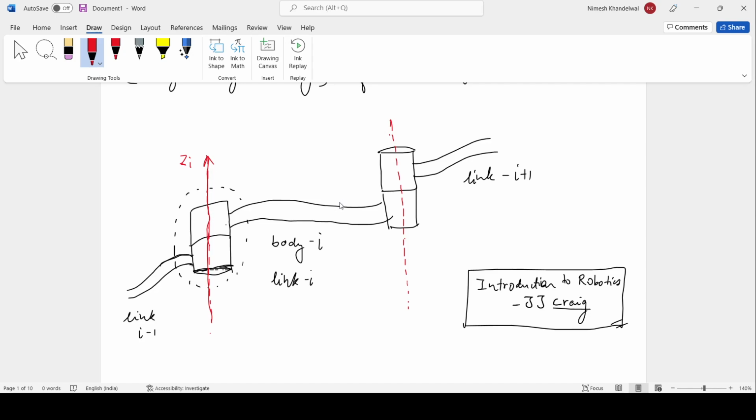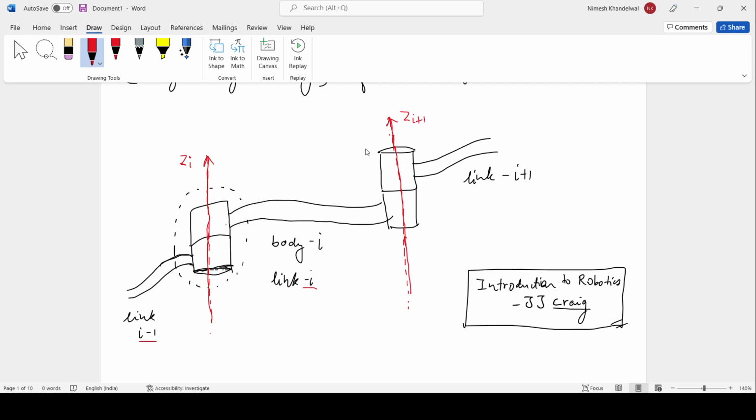If the displacement is angular, then it is about the Z axis, and if it is linear, then it is along the Z axis. Similarly, the axis between I and I plus 1 is called ZI plus 1.